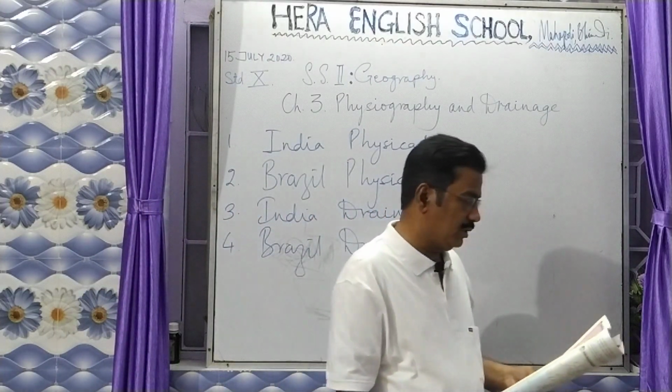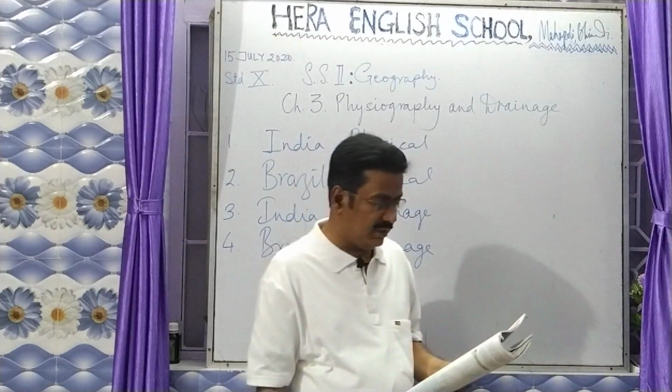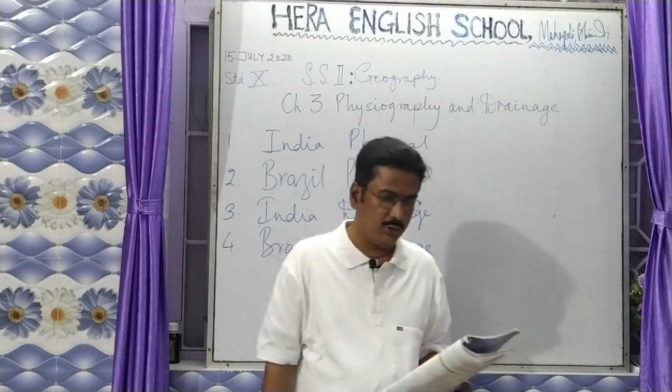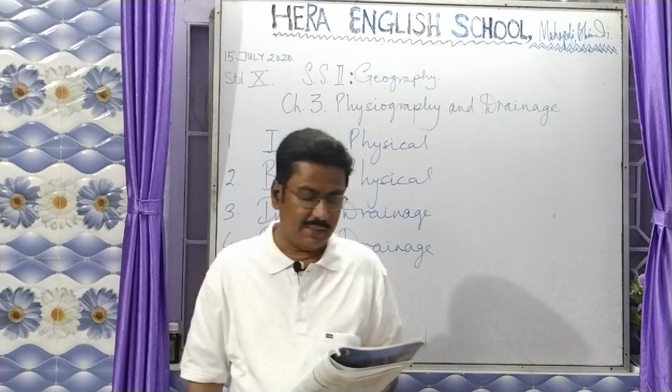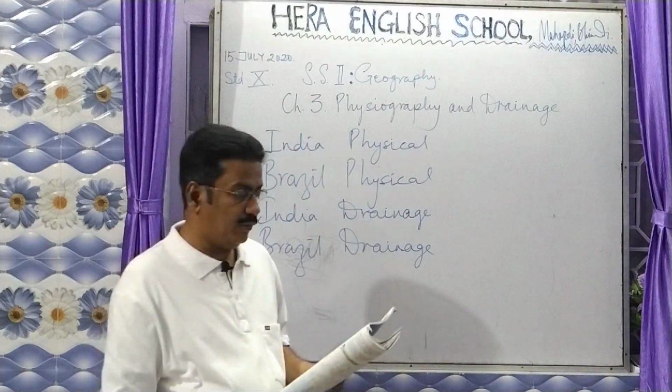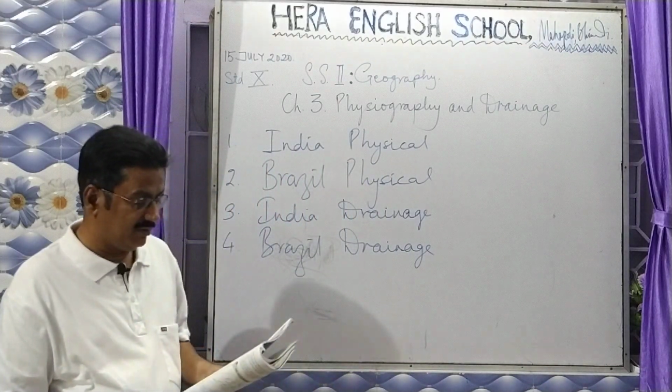If you look up into the northern part of Brazil, you have your Marajo Island, and that is the main outlet for the Amazon River basin.